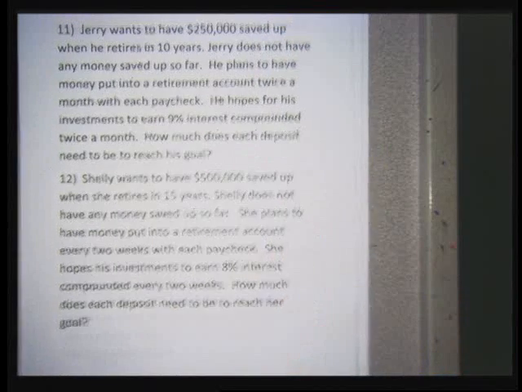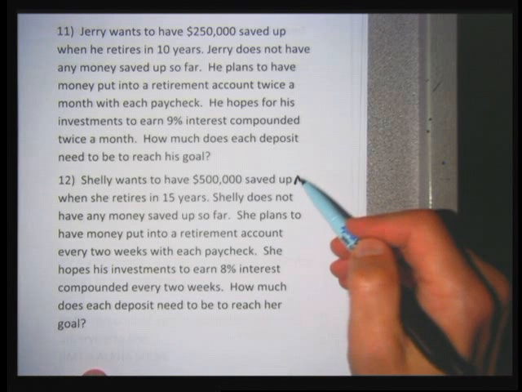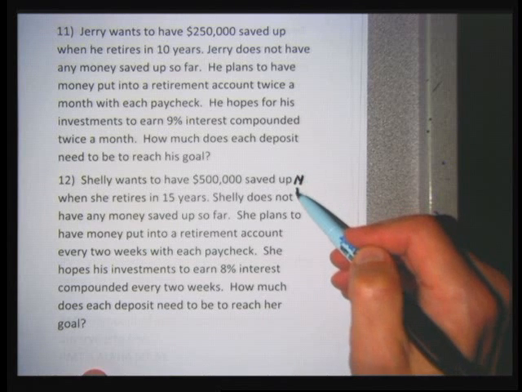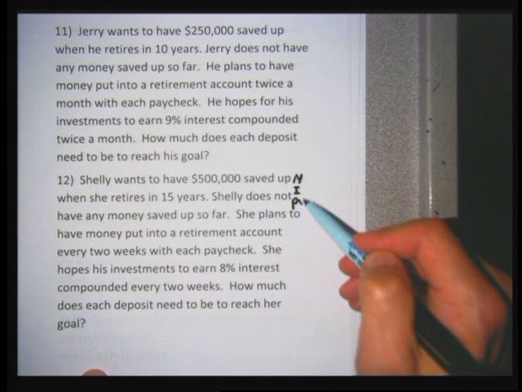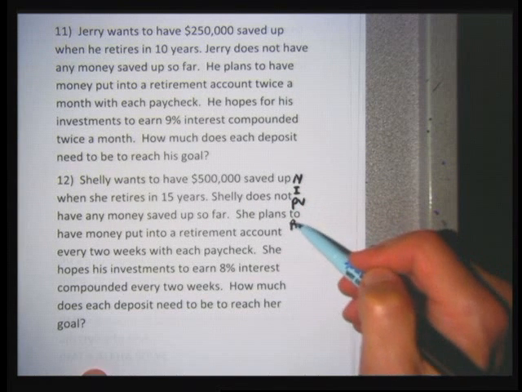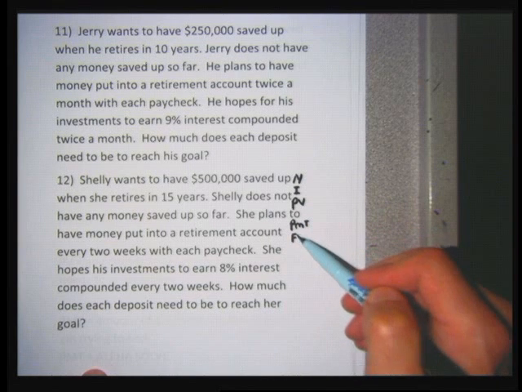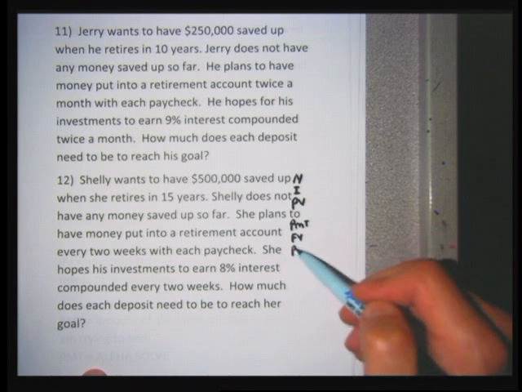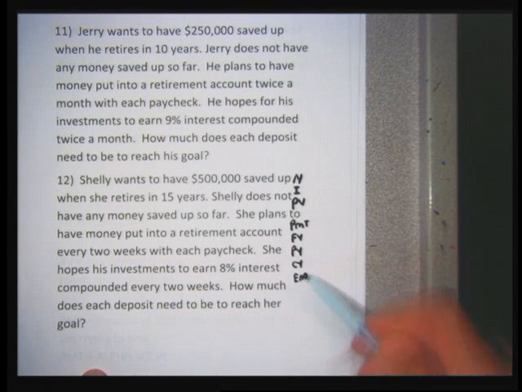11 and 12 should work the same. So I'm going to make room for 12. I'm going to make room for my N, my I, my PV, my PMT, and I have future value, PY, CY, and end.